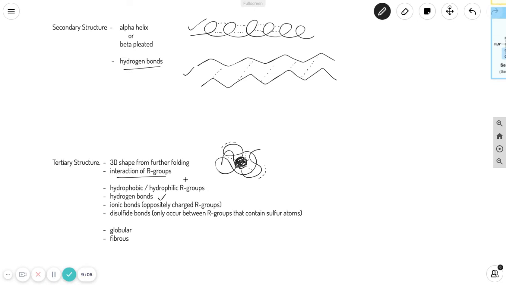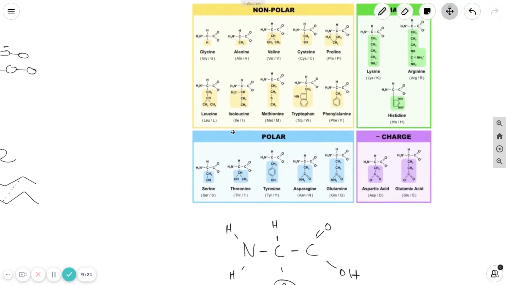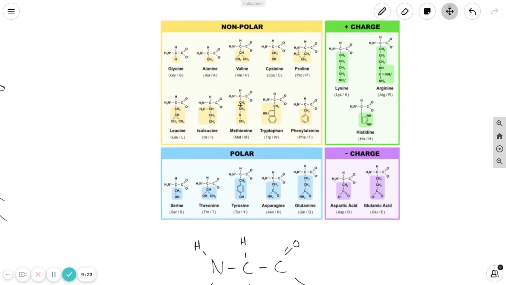So we talked about hydrophobic, hydrophilic, ionic. And then you can get disulfide bonds, and these are the strongest bonds that you find in the tertiary structure. And disulfide is only going to happen with amino acids whose R group has got a sulfur atom. So let's have a look. We've got one there. So cysteine has got the little S there.